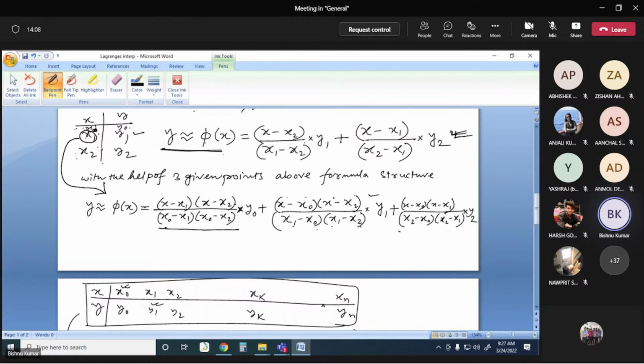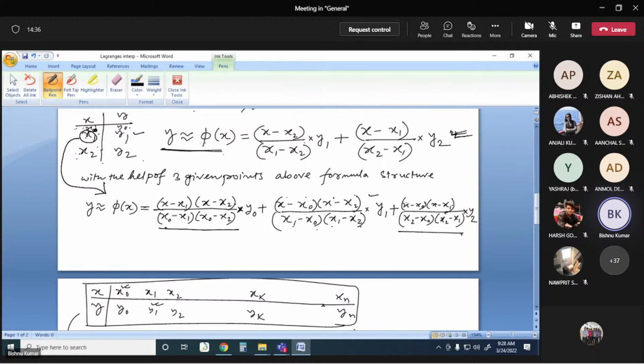And for the third term, except the third value, the remaining x values you subtract from x and multiply the linear factors, (x minus x0)(x minus x1). And in the denominator, from the last value subtract the remaining x values, (x2 minus x0)(x2 minus x1), into the corresponding y value.